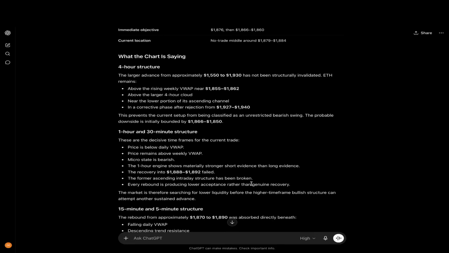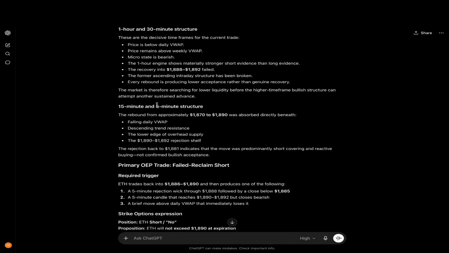But I digress. On the 15-minute and 5 minute chart structure, the rebound from approximately $1,870 to $1,890 was absorbed directly beneath falling daily value, descending trend resistance, the lower edge of overhead supply, and the $1,890 to $1,892 rejection shelf.